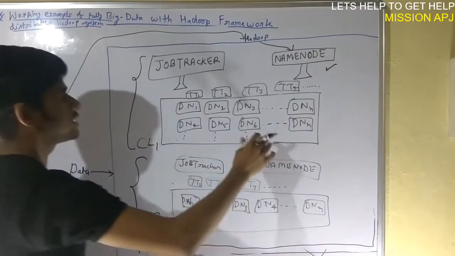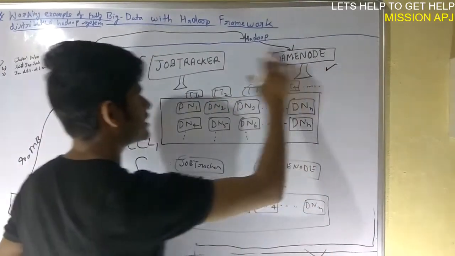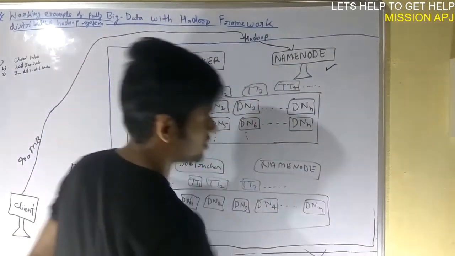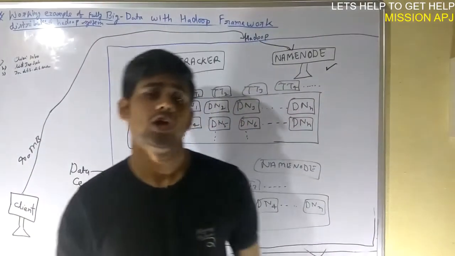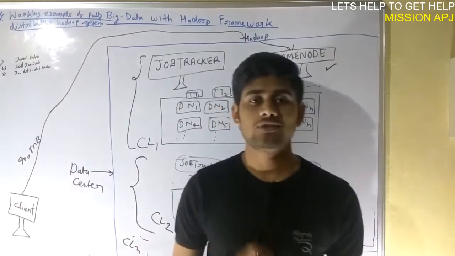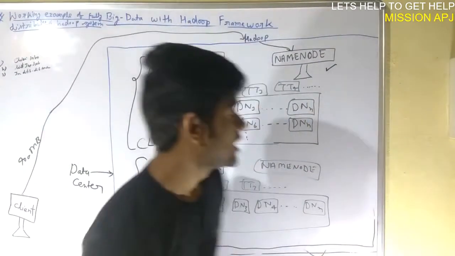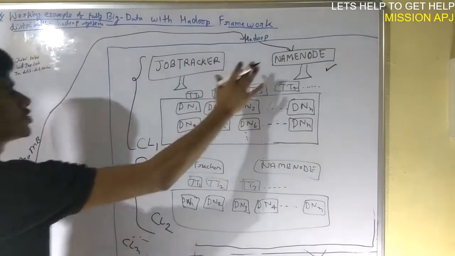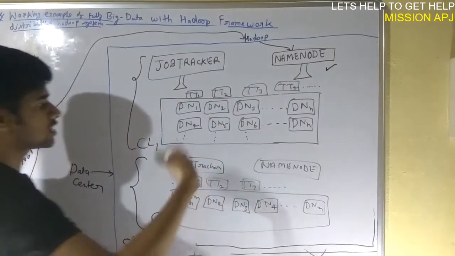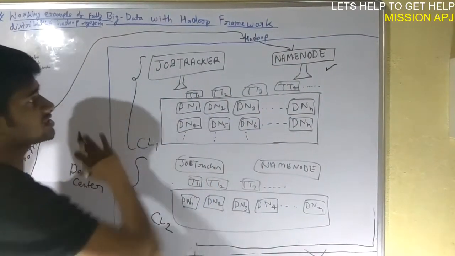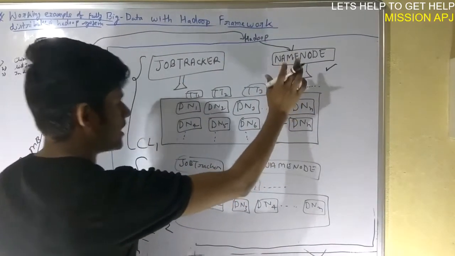Data will come first to the name node, and it is the name node who knows everything about in which data node the data space is available for storing. So data will come to the chosen cluster, and in that cluster first the data will come to the name node.